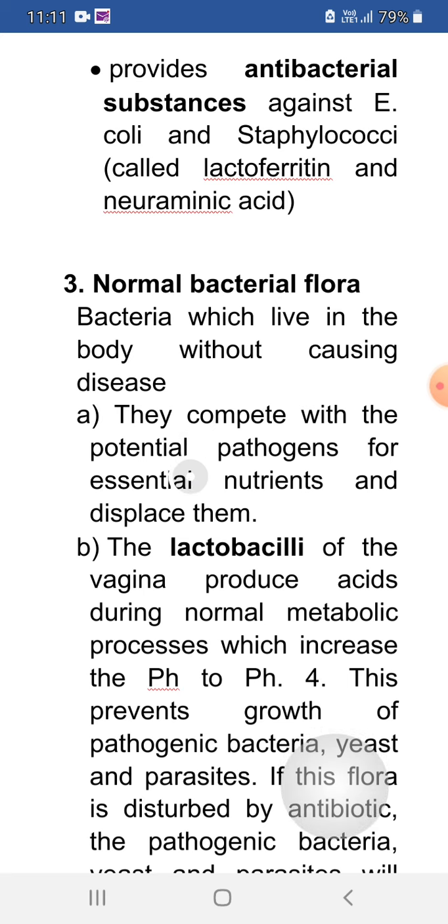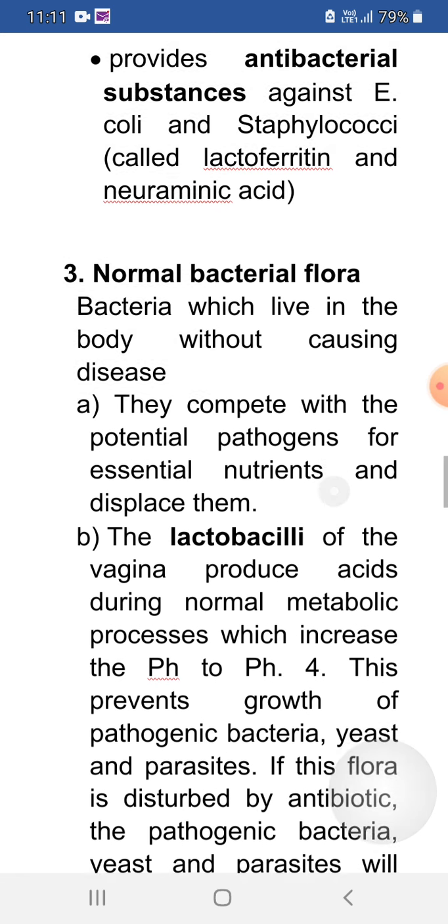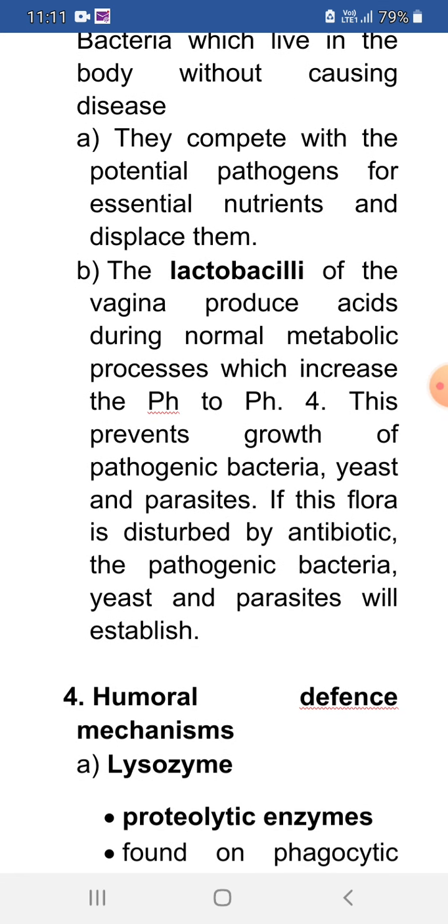Another thing, they compete with the pathogens for nutrition, but they are better competitors, so they outcompete them and remove them. Another thing that this normal flora does, they produce chemicals which kill pathogens, like acid or hydrogen peroxide.